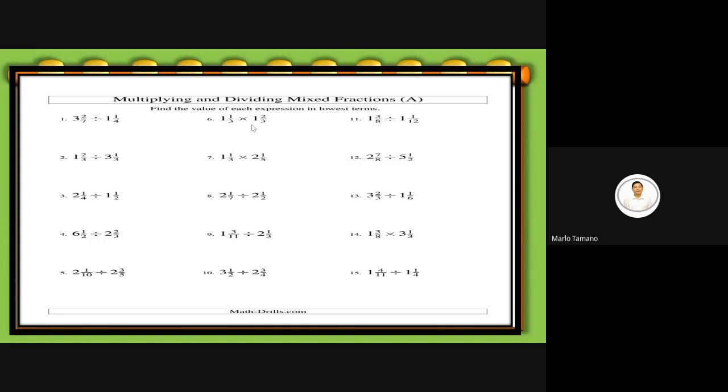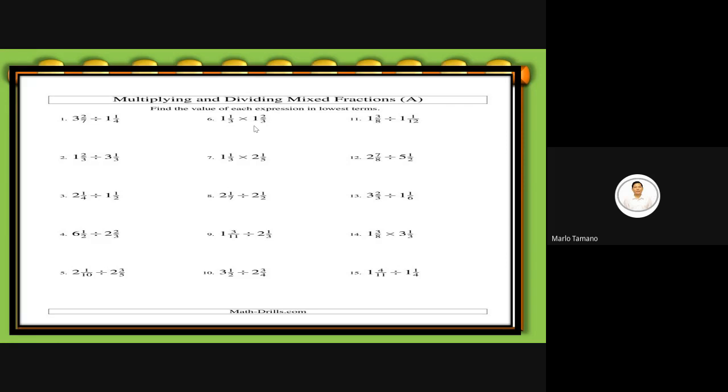Okay? Hello? Naintindihan po? So, ang assignment po ninyo ay number 4, 5, 6, 7, 8. Sige, pakipicturan po. Ulitin ko, 4, 5, 6, 7, 8.